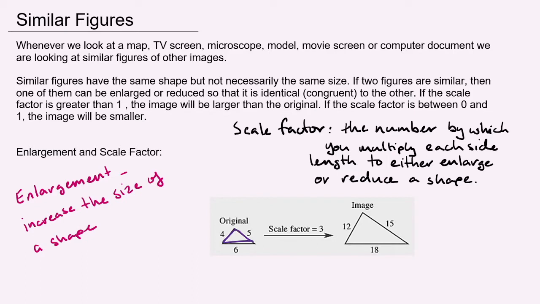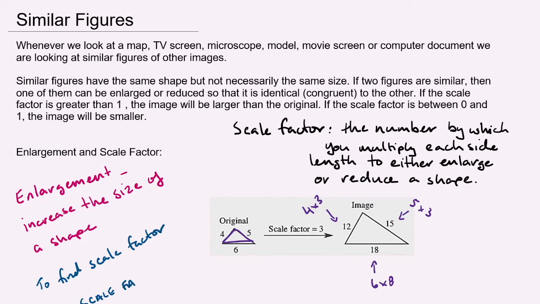So here, well, that's 4 times 3. This is 5 times 3 and 6 times 3 in order to get our new side lengths to enlarge our shape. To get to the scale factor, we use scale factor equals the image length, or the new length, over the original.